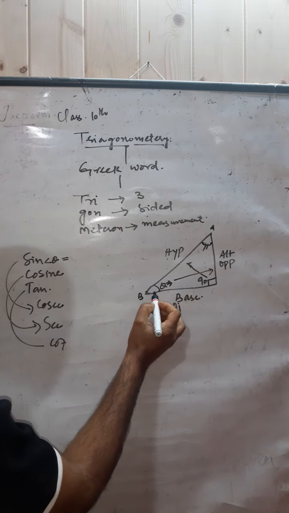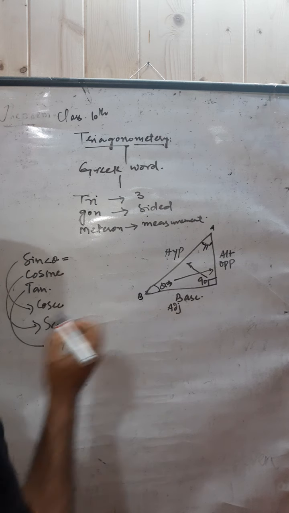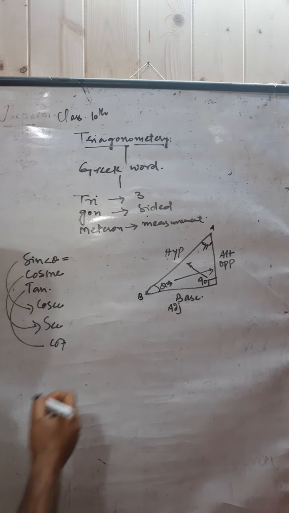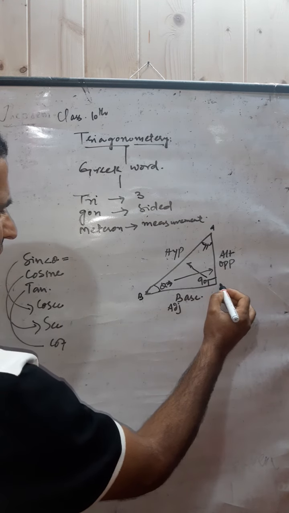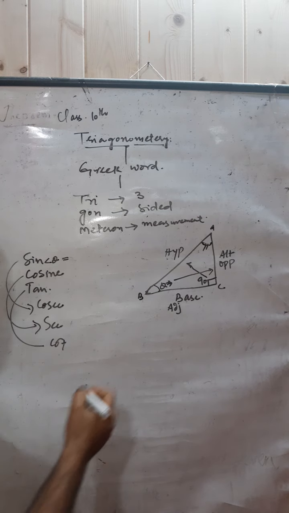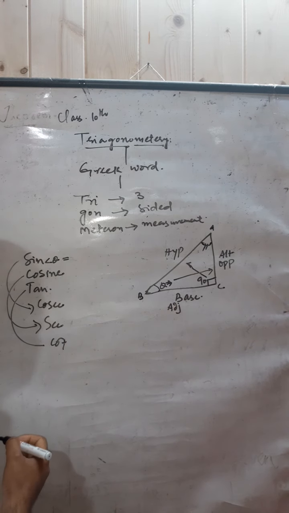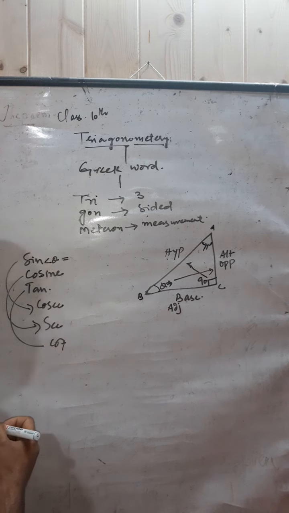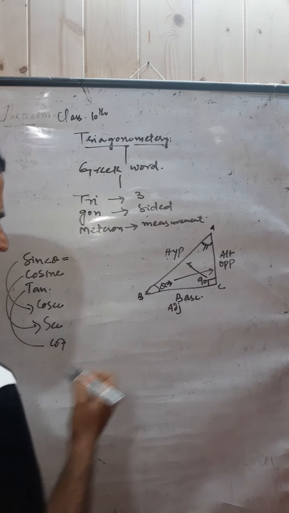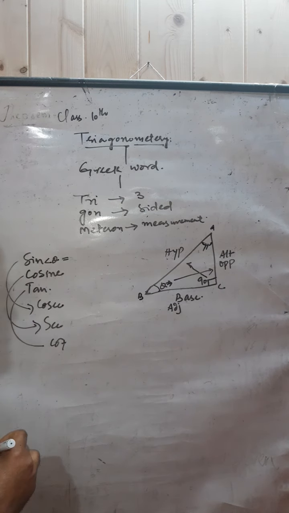So if we are focusing on this angle theta here, the opposite of that is side AC. If we focus once again on angle theta, the adjacent side of angle theta is BC, and this is the hypotenuse.